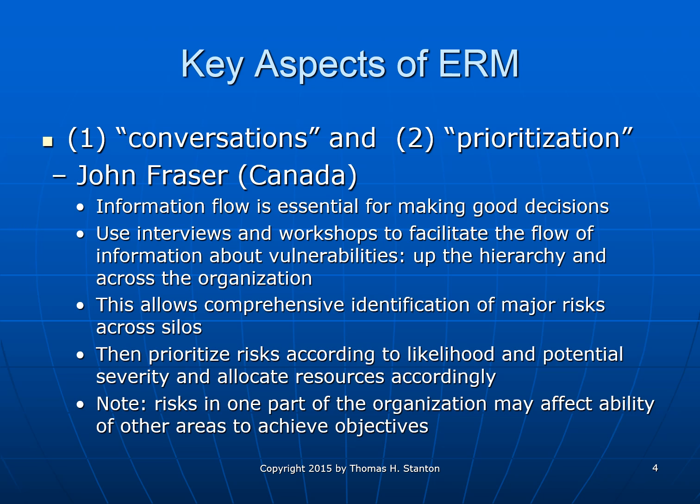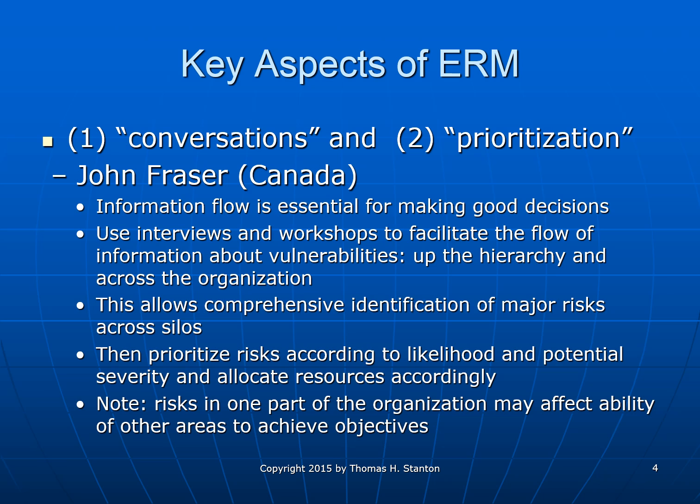So John uses interviews and workshops to facilitate the flow of information about vulnerabilities, and information begins to flow up the hierarchy, by the way, up and down, and across the organization, across the different business units, what we call the silos of the organization. And this allows for a comprehensive identification of major risks across the silos.